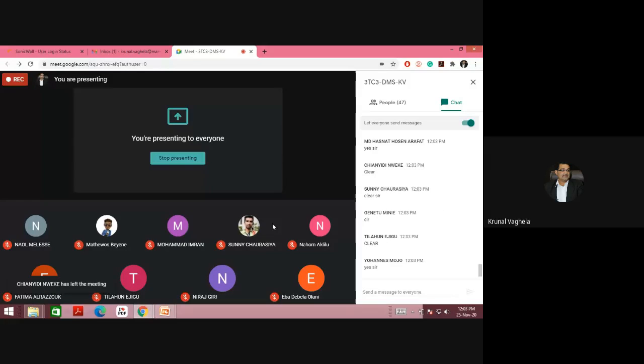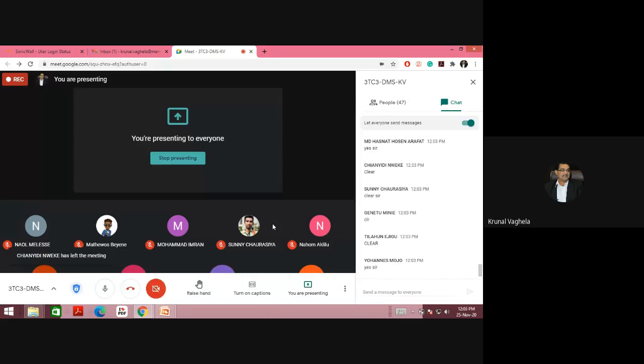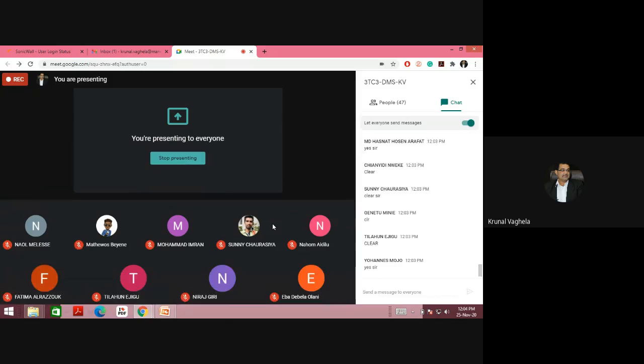So this is something closer. Now I am going to start the new topic, which is key. There are many concepts like candidate key, super key, primary key, but first I will discuss key. To avoid confusion, I will not tell you what is candidate key, what is super key, what is primary key right now. Only key we will discuss.